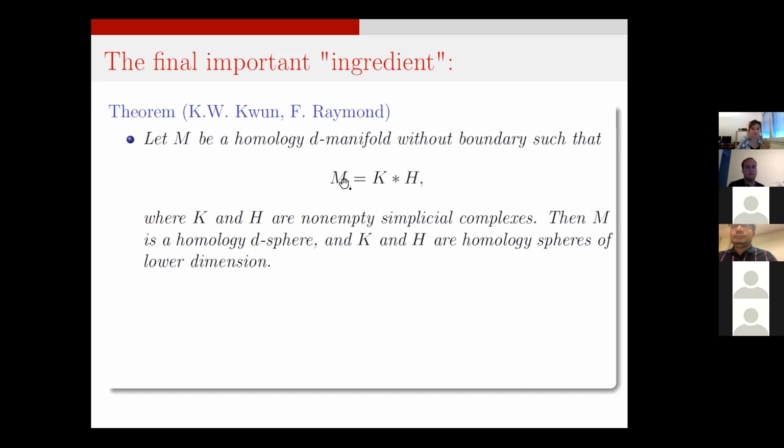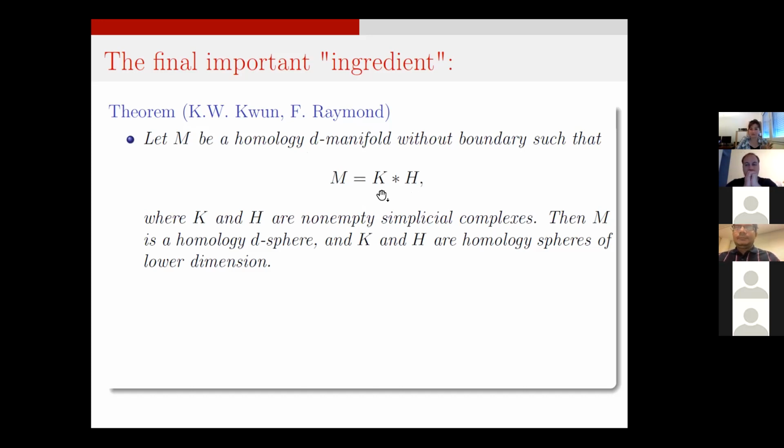We just know a manifold that can be represented as a join of two manifolds, and we know that these are simplicial complexes. The join is constructed in that way. Then we know that this manifold is a sphere, and both of these small complexes are also spheres.